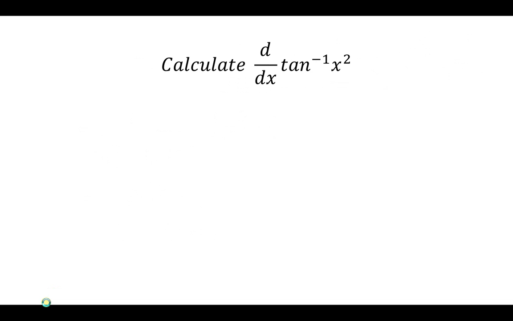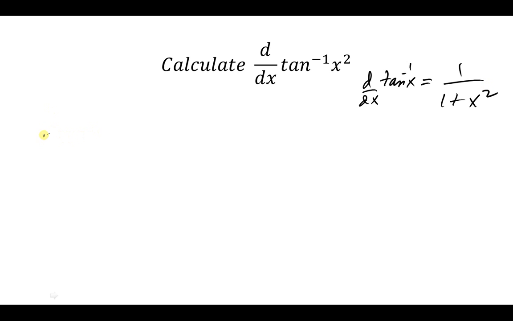And then the last problem is going to be taking d/dx of inverse tangent of x squared. Recall the formula for the derivative of inverse tangent of x is 1 over 1 plus x squared.